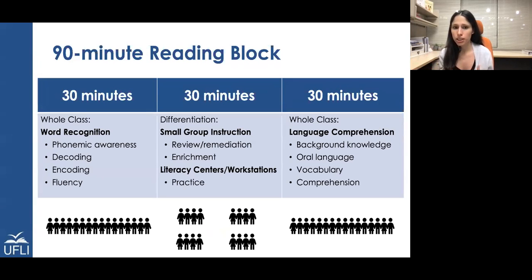And typically most teachers have about 30 minutes in order to provide differentiation for students. And part of that differentiation time is small group instruction. Small group instruction can be for review and remediation, which is what we'll focus on tonight, but also enrichment.